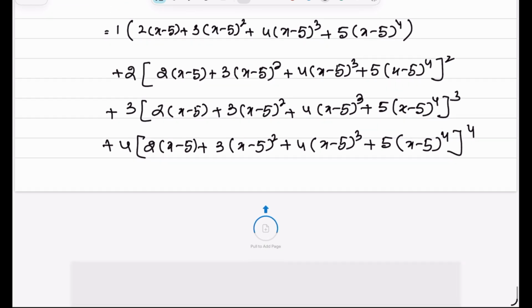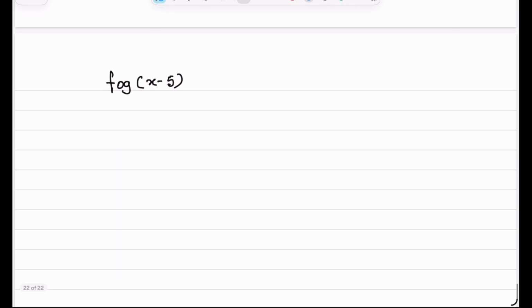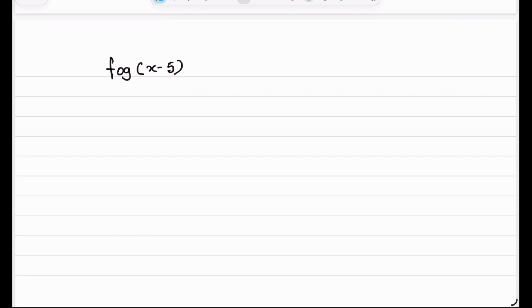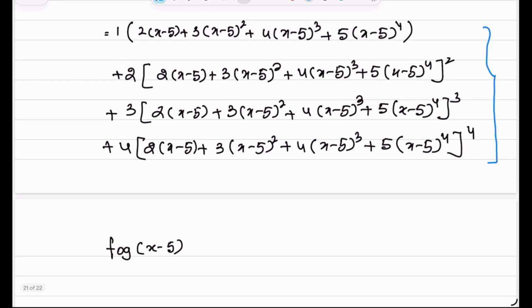This is the value of f(g(x − 5)). It's a very big equation and solving it takes much time, and we have to find the x⁴ coefficient here.